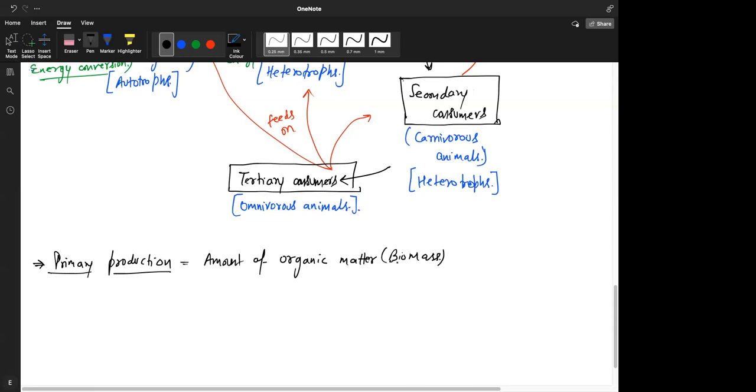and other photosynthetic organisms. Amount of organic matter or biomass produced by photosynthetic plants majorly and other photosynthetic organisms. But remember the word photosynthetic.